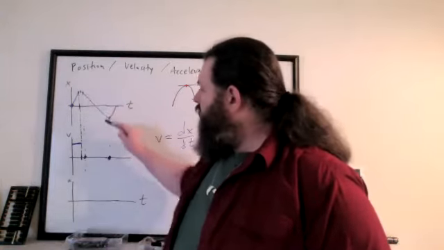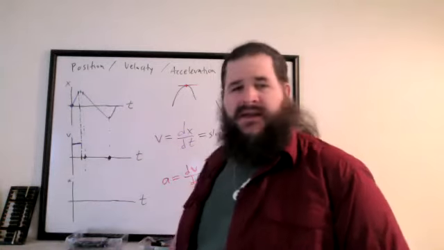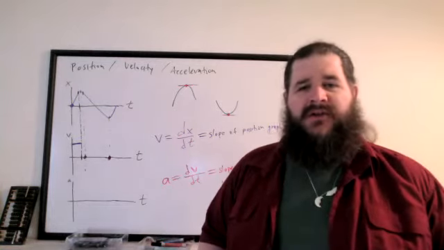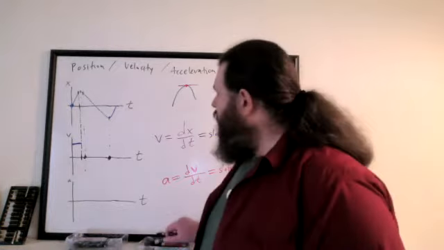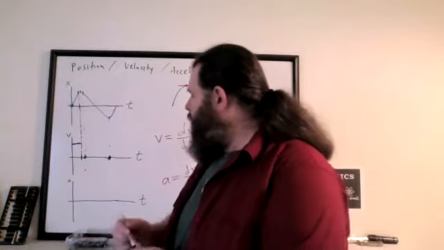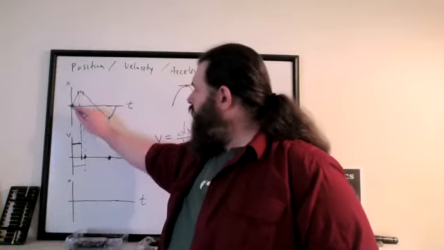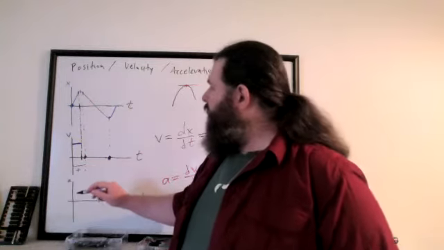The times when we have 0 slope on the position graph, and therefore 0 velocity, split this up into regions of time when velocity is positive versus regions of time when velocity is negative. For example, in this entire region, the slope of position is positive, so the value of velocity has to be positive.